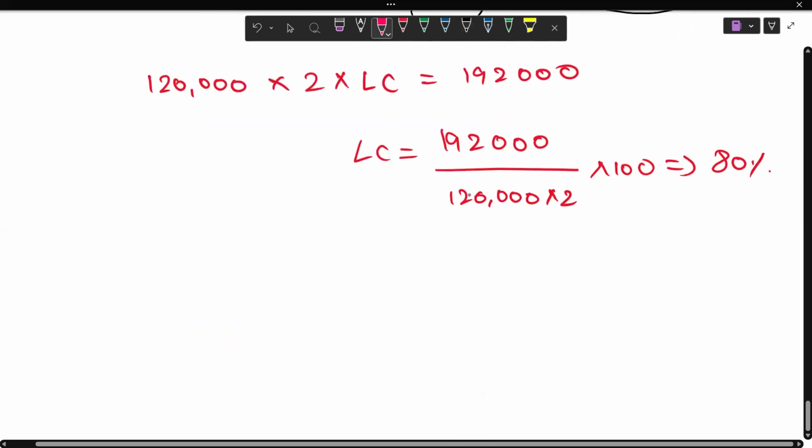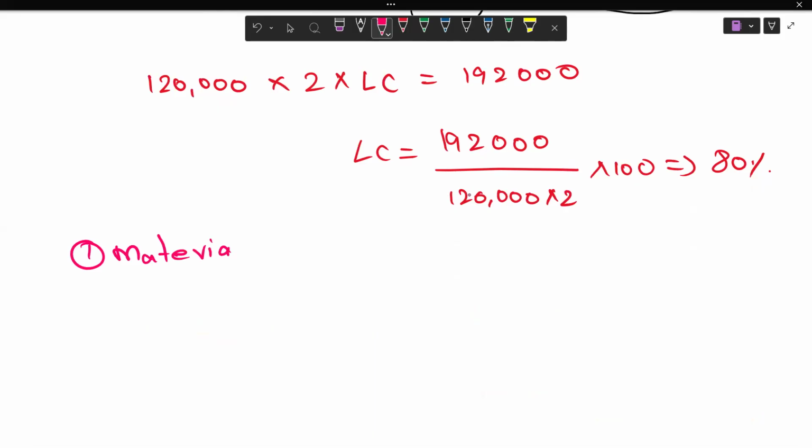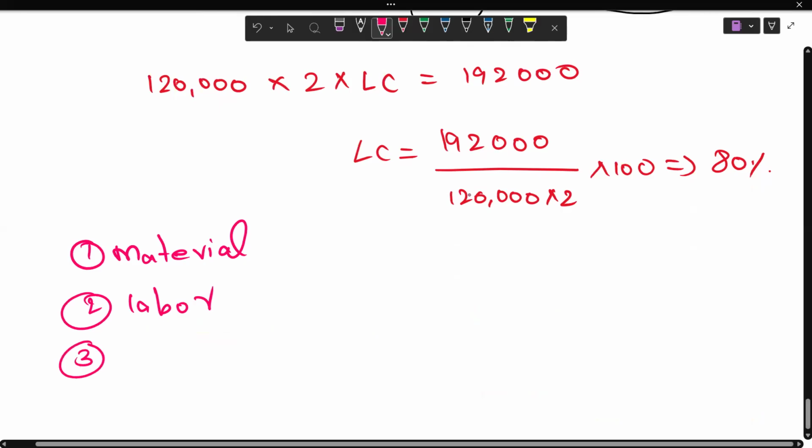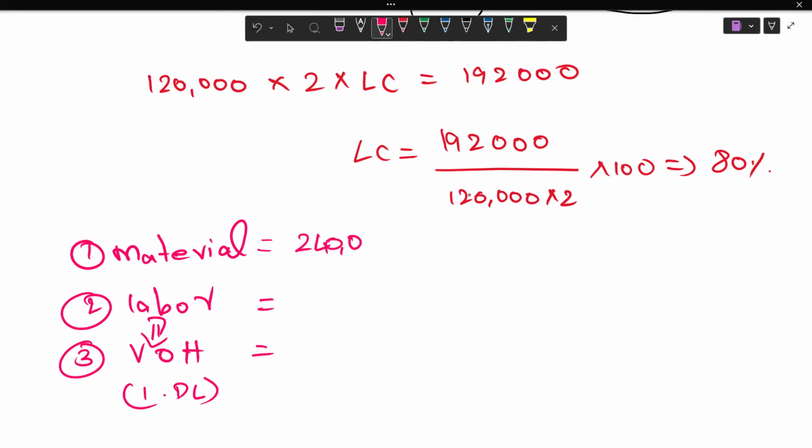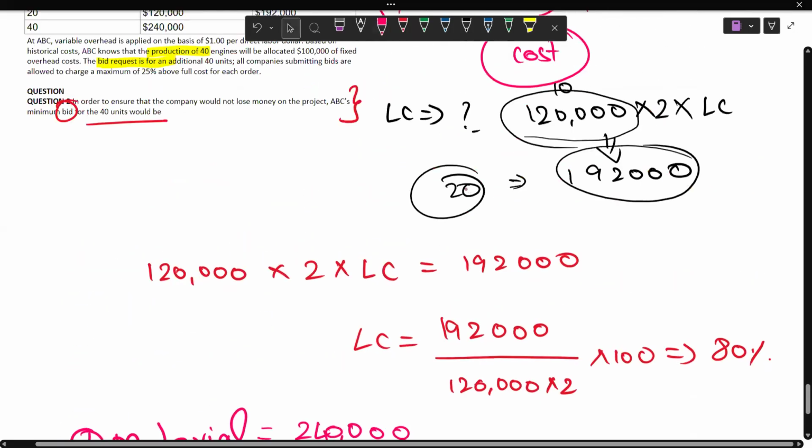For that, we need three elements: material, second is labor, and third is variable overheads, which is nothing but tied to labor because it's $1 of the direct labor. So if you find the labor cost, the variable overhead is the same. Material cost is $240,000, because for 40 units you incur $240,000, which means the next 40 units also cost $240,000.